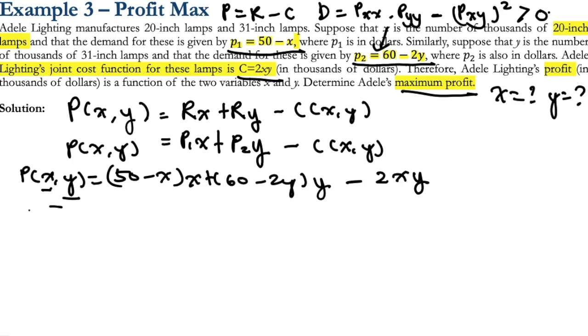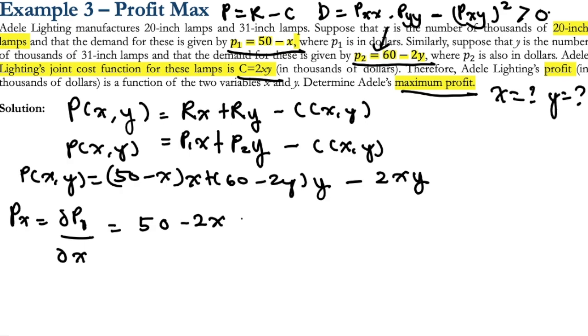Okay, now here Px can also be rewritten as delta P1 over delta X, isn't it? So in this case, we're gonna get 50 minus 2X, isn't it?